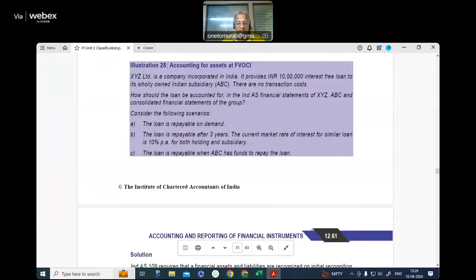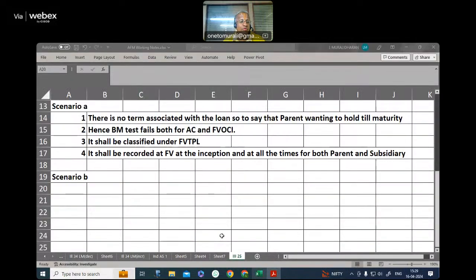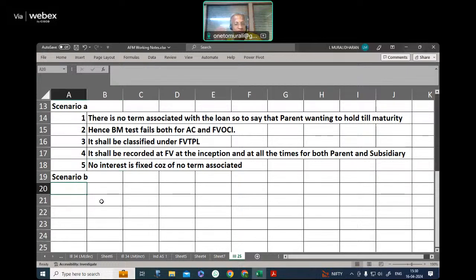In the first case, one important thing that you got to make note of is that no interest is fixed because of no term associated. Have that in your mind, okay? The SPPI test is also not passed.